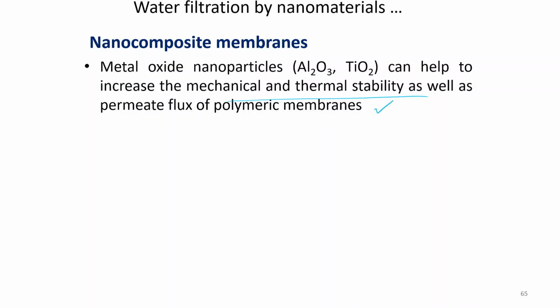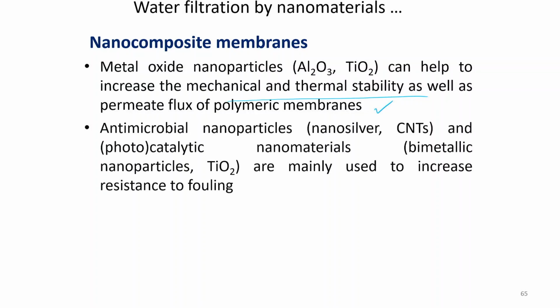So, with the membrane we can use nanoparticles, which enhance the characteristics. Antimicrobial nanoparticles are also used along with the membrane: nanosilver, carbon nanotube and photocatalytic nanomembranes. These are mainly used in increasing the resistance to fouling.